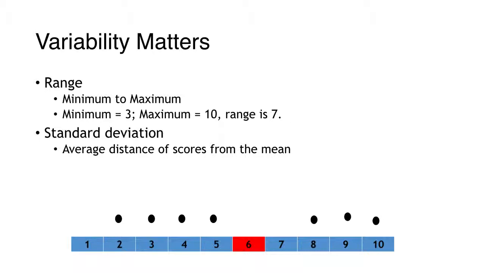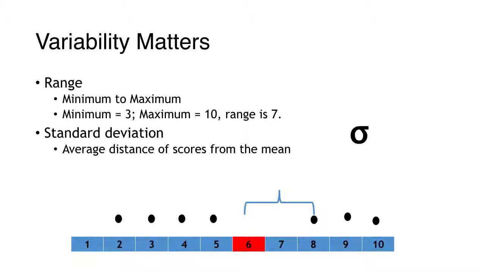So we want to be able to tell our readers how far the scores are from the mean without them having to look at each and every score. So what we do is we calculate a standard deviation for them. And that means we average the distance from the mean.